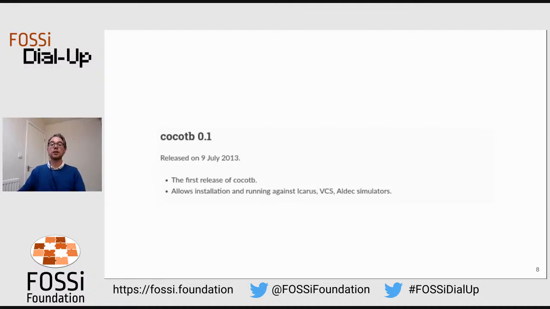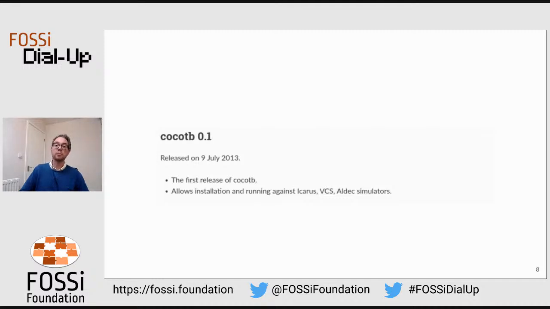So right from the start, Cocotb was showing one of the main core strengths that it still has today: the ability to abstract away simulators and give you, as a verification engineer, a productive work environment without worrying about the details of a particular simulator, and giving you freedom of choice in choosing whatever simulator is best to run your design on.